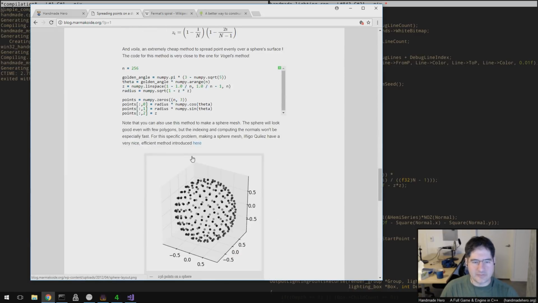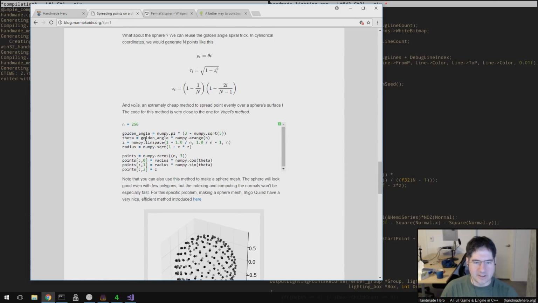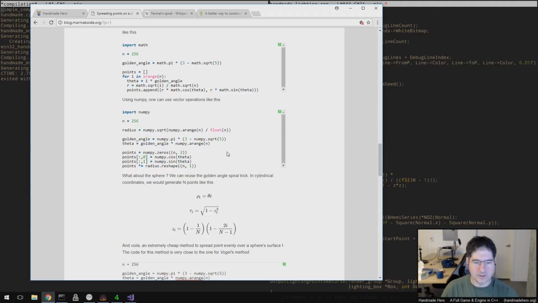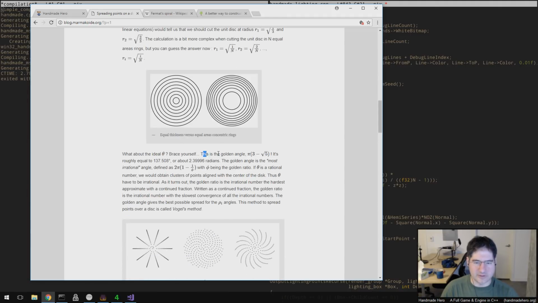So in terms of the theta value, it looks like the theta value is used the same in this case. So it's the golden angle here times the n. So if we take a look at how that's actually computed, this is the discussion up here, right? The golden angle, pi times 3 minus root 5, is roughly equal to this value. The golden angle is the most irrational angle, defined as 2 pi, whatever, blah blah blah, right?